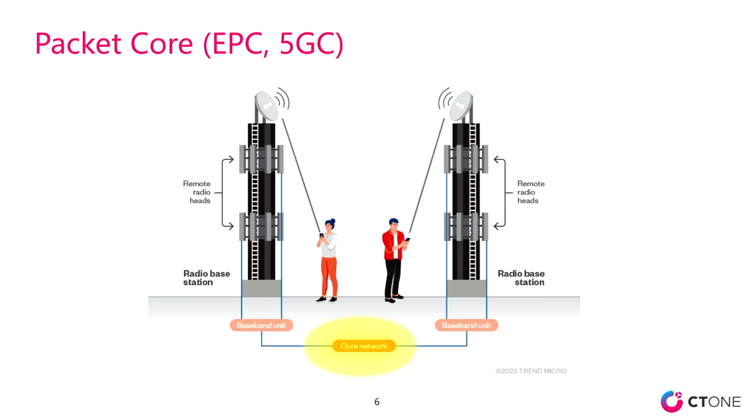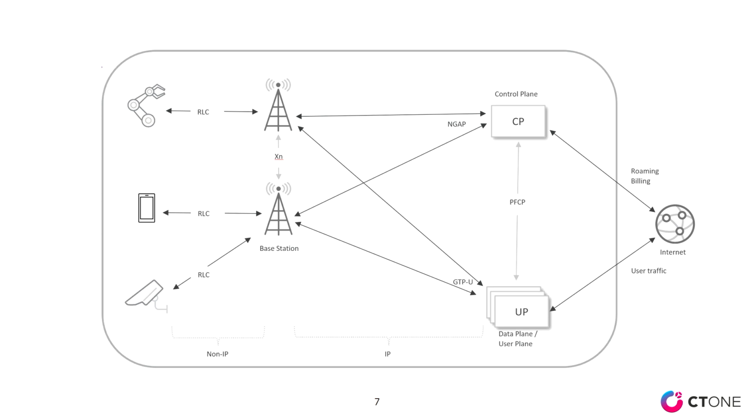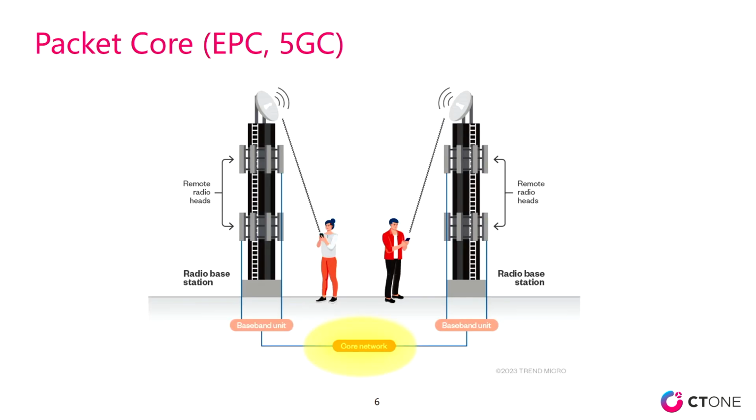I will introduce 7 different attack vectors on packet core. For 4G and LTE, the packet core is also called EPC or Evolved Packet Core. For 5G, it's just called 5GC or 5G core.